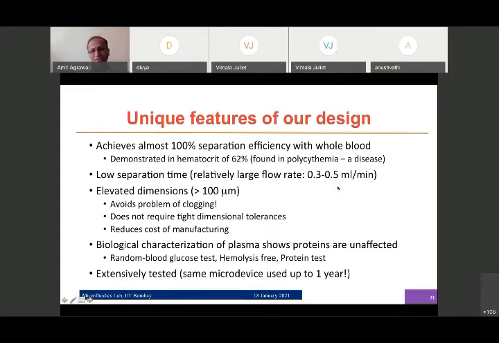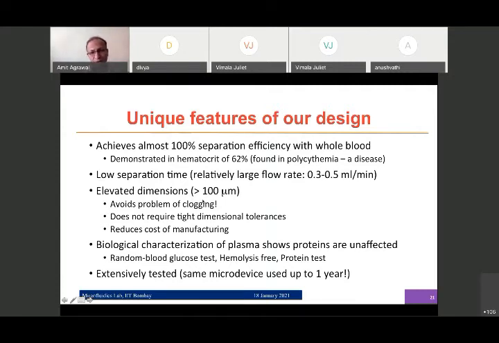Of course, this point was not emphasized enough, but this is another interesting feature where we are working with relatively large dimensions. All dimensions are essentially greater than 100 microns, which avoids the problem of clogging and other things that we were talking about. And what it also means is that even if I make a 1 micron or 2 micron error when making them, so 100 becomes 101 or 102 microns, it is still like a 2% error.